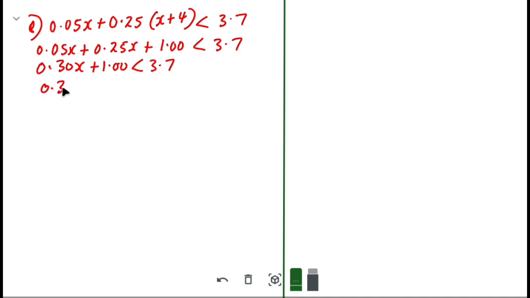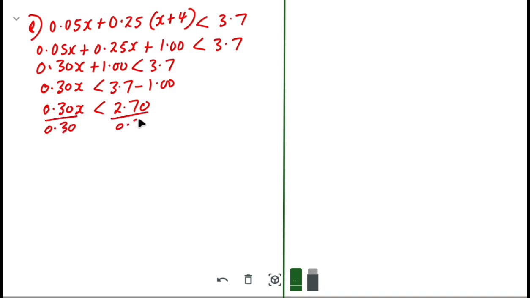We have 0.30x less than this, plus 1.00 will cross the border and this will be 3.7 minus 1.00. So we have 0.30x less than 2.70. So the next thing we need to do is to divide both sides by 0.30.